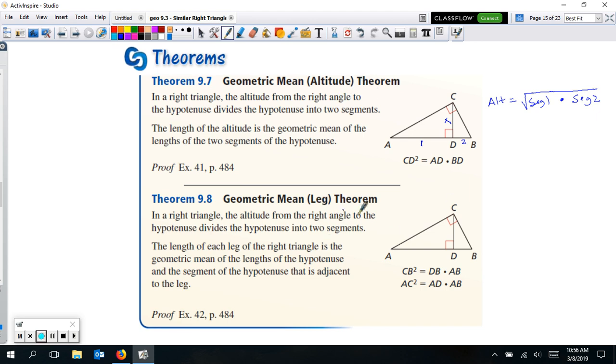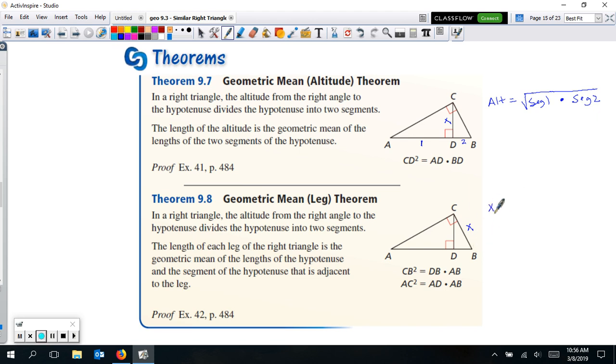For the leg theorem, we are looking for something not the altitude. We're looking for a leg here. So if I'm looking for, let's just say this one over here, which is this side, from C to B, that piece right there.